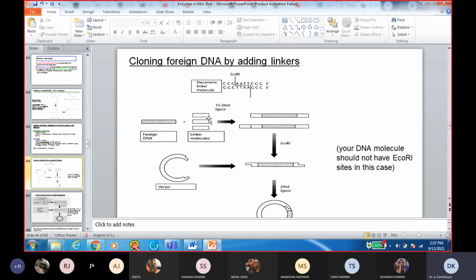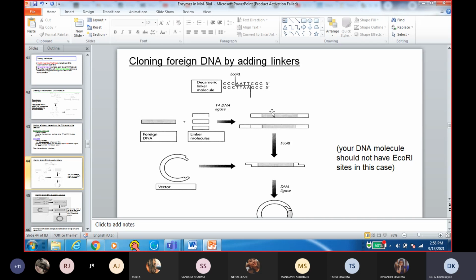A linker is, as I said, nothing but something where both ends are blunt-ended. When you ligate it and when you cut with EcoRV, it generates a complementary or sticky end. You can cut your vector also with EcoRV, and then you can ligate them. When you ligate it, then you will be able to get this clone.